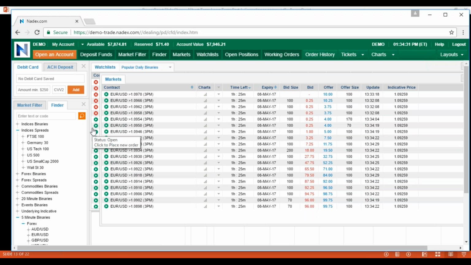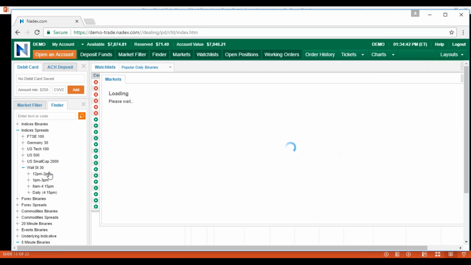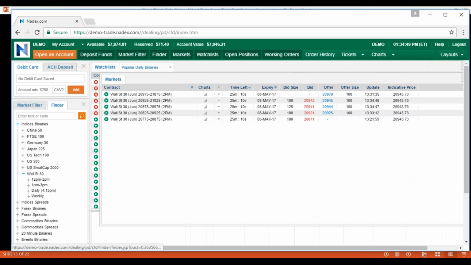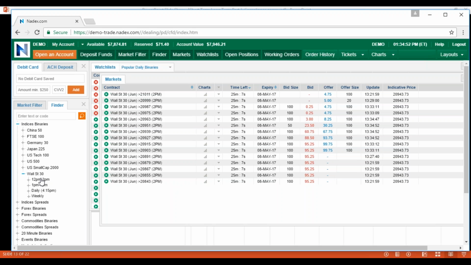Let me just show you this as an example, because I have a chart of this up, in case we need to look at the chart. So let's look at the Dow, okay? Let's look at the Dow right now. What do we have that expires at, oh, I'm looking at spreads. We need binaries. Let's look at the Dow for 2 o'clock.